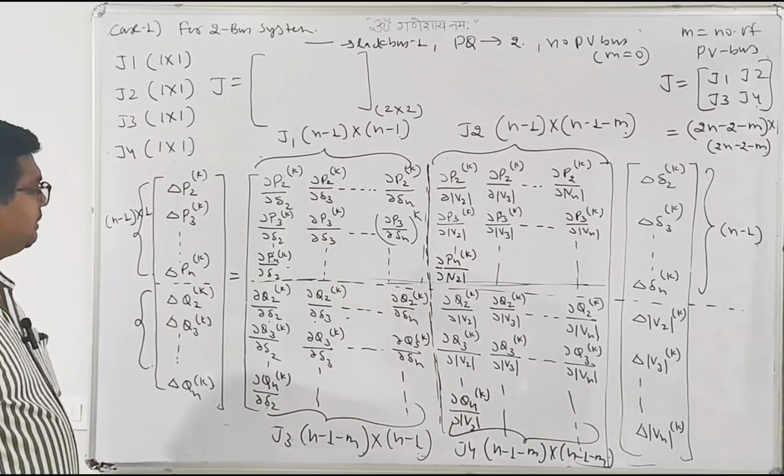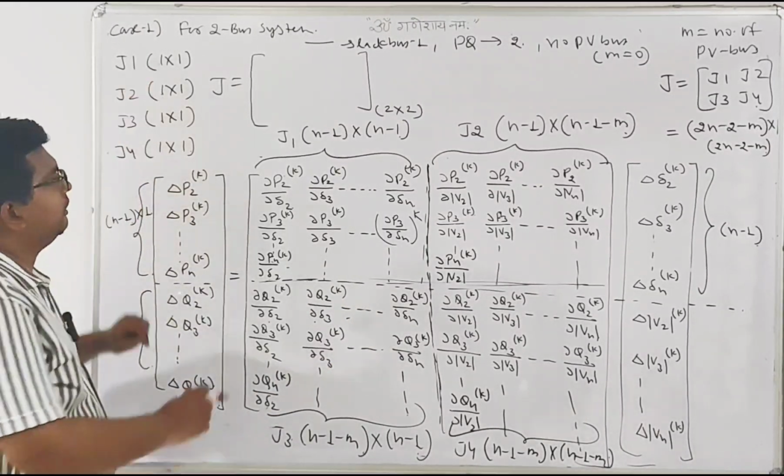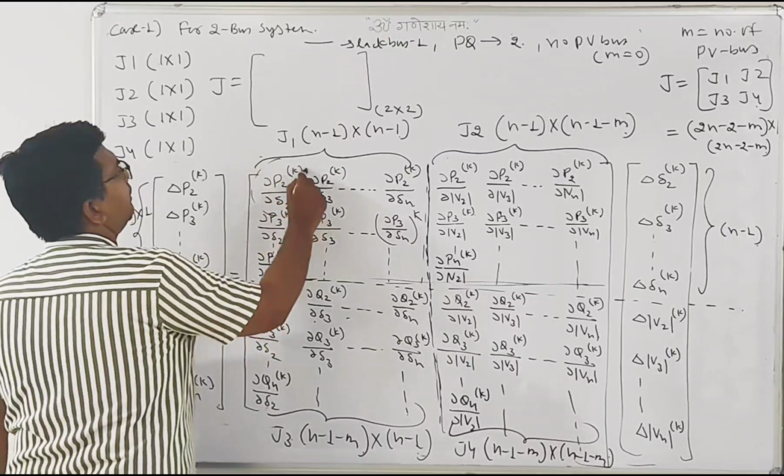Now what are these elements? Because it is 1 cross 1, we have considered only this.